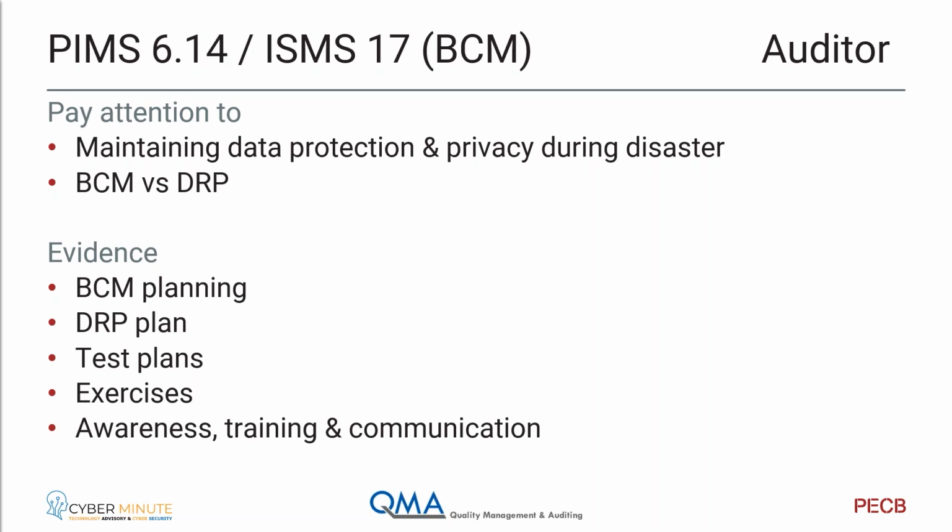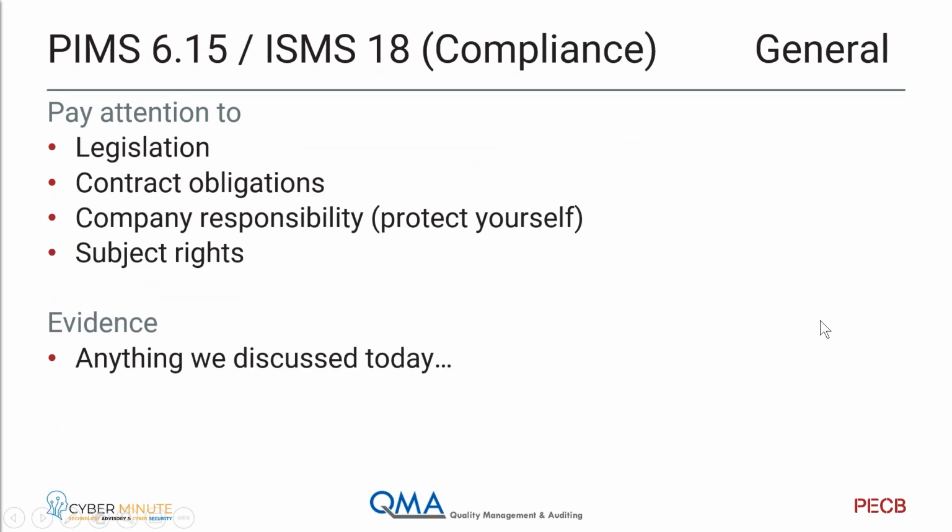We do want to see that the CIA of data is covered also in adverse situations. So when it goes wrong, you have to show us something. How would you handle it? Make sure that a disaster recovery plan can be shown to us, that you have thought about it or you've entered it into your risk assessment, so that we see some evidence of that as well.